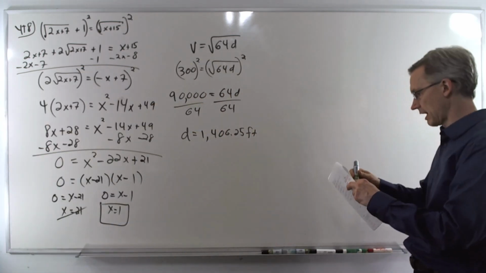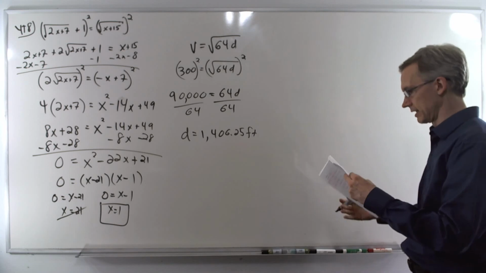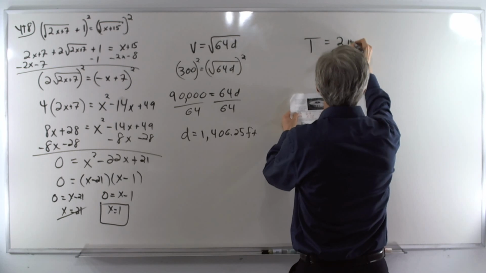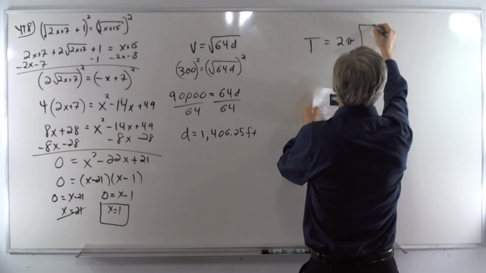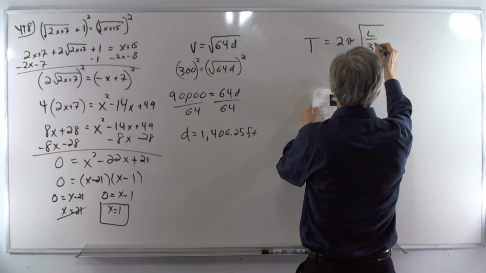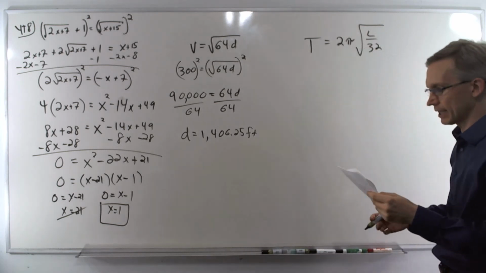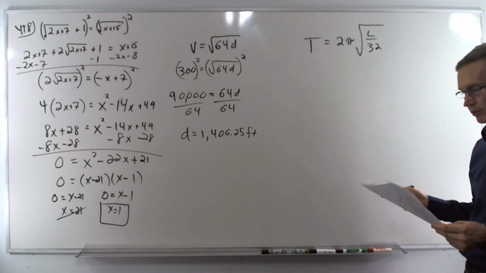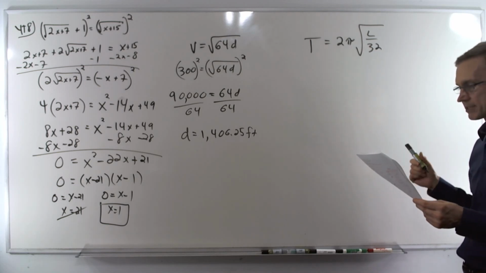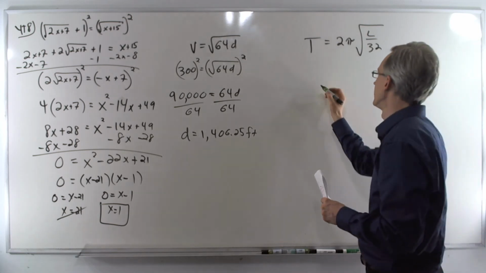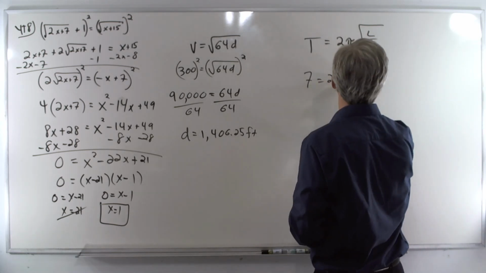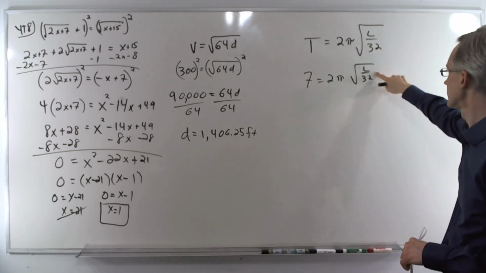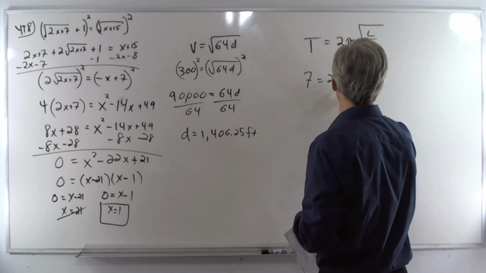The equation for the time of one swing is given by T equals 2 pi times square root of L over 32, where T is the time in seconds and L is the length of the pendulum in feet. We are given that the time for one swing of the pendulum is 7 seconds, so we plug in 7 for T. Now we want to get the radical by itself, so I'm going to divide both sides by 2 pi.